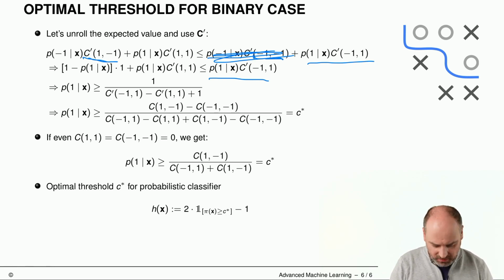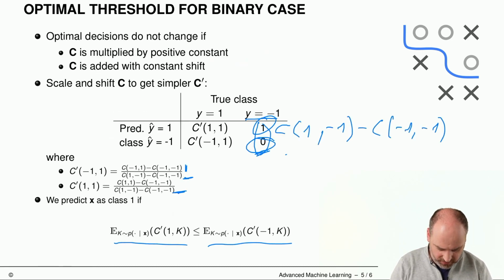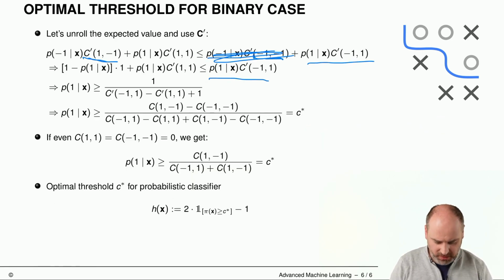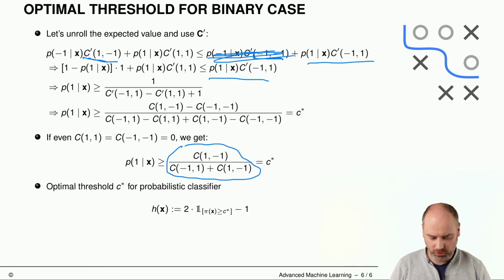We can now plug in the definitions of our C dash based on the original cost matrix C, simplify further, and then what remains is that if our posterior probability is larger than this formula, which is a simple calculation based on our original costs, then we will predict the positive class. So if you compute this from your cost matrix, this gives you the optimal threshold that you would use to make cost optimal predictions.